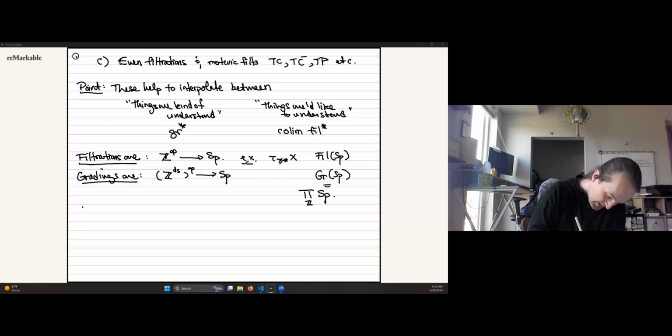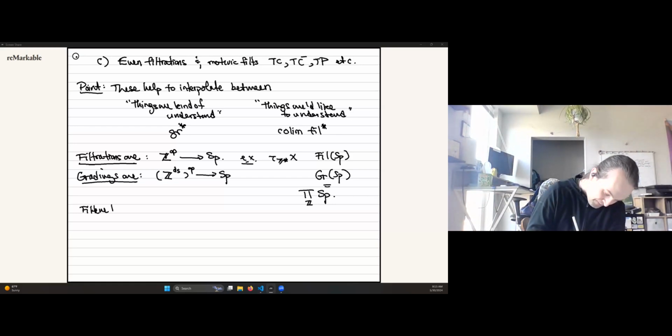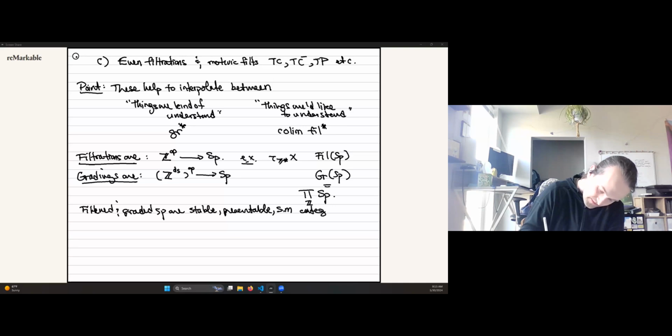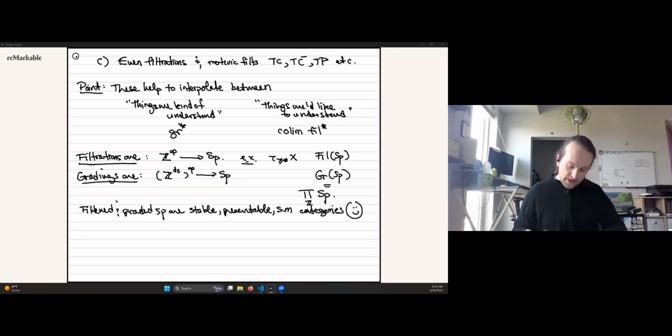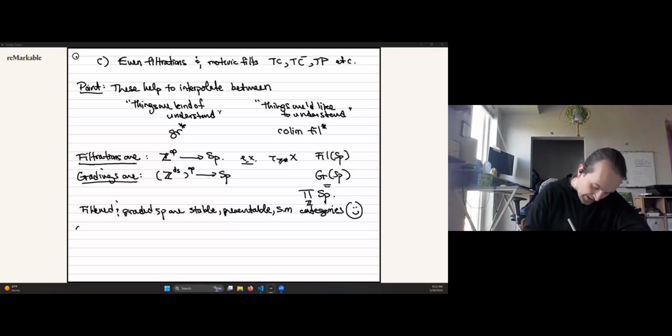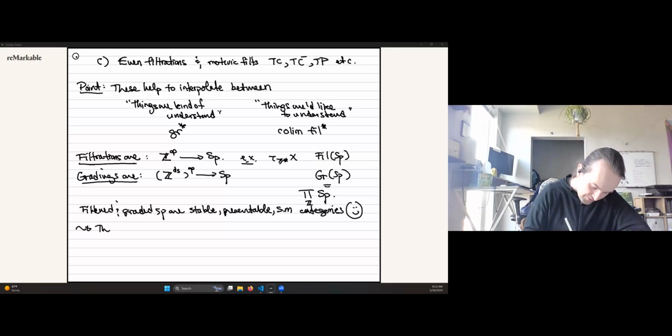So filtered and graded spectra are stable, presentable, symmetric monoidal categories. And this is great because this is a place in which we can do homotopy theory. We know how to do all kinds of manipulations here.